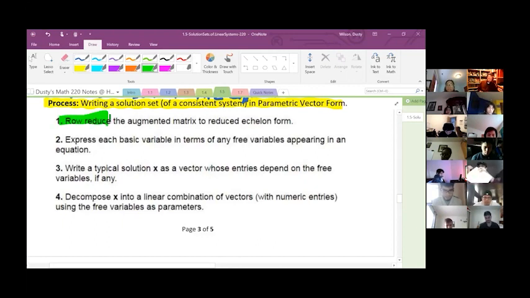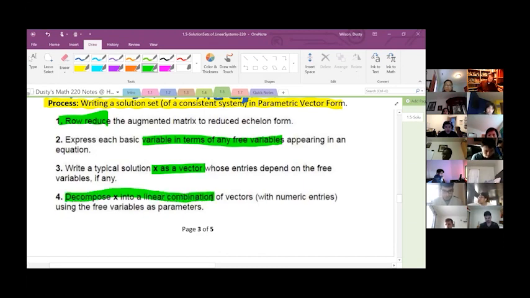The next thing is to write things in terms of the free variable. Next, you write that typical solution x as a vector. And lastly, you decompose x into linear combinations of vectors. We've done this a whole bunch of times, and we've got another example to follow in just a moment. All right, let's keep going.